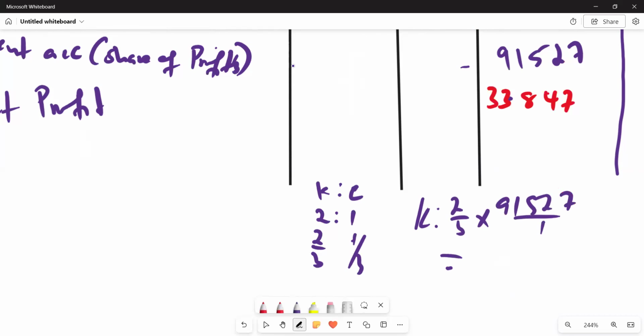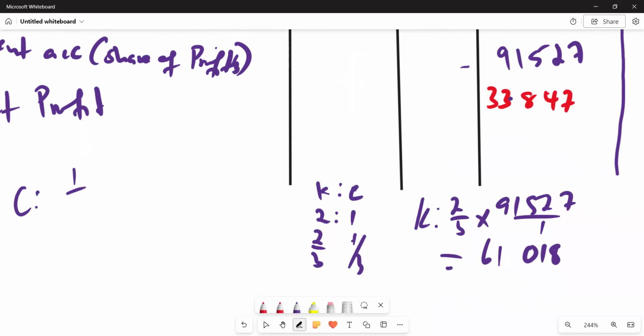We calculate it as such. 2 divided by 3 is 2/3, and then we multiply by 91,527. You're going to get 61,018.